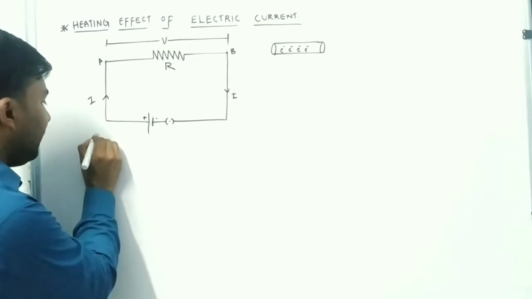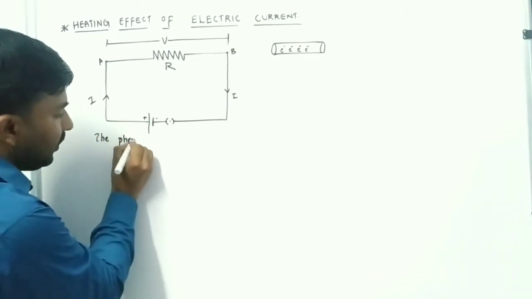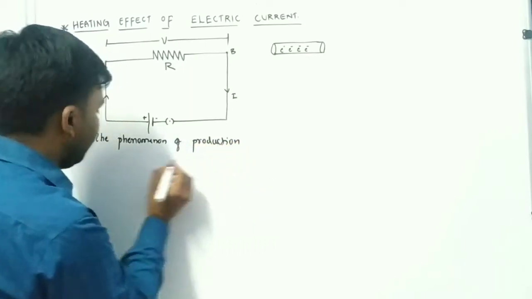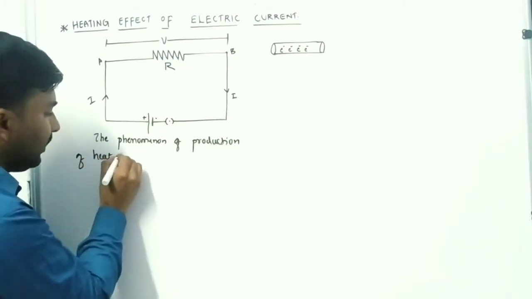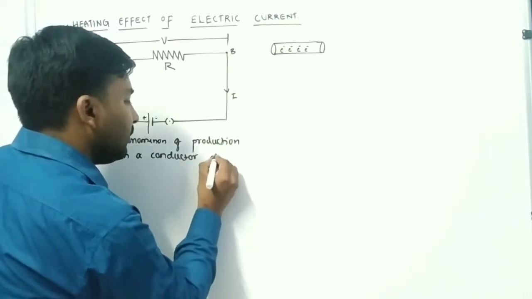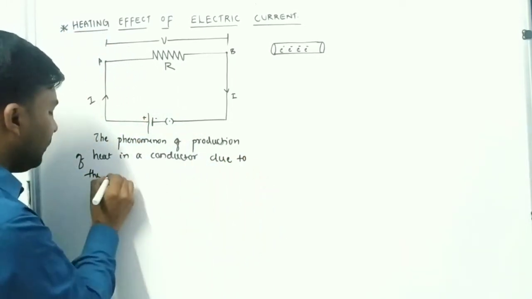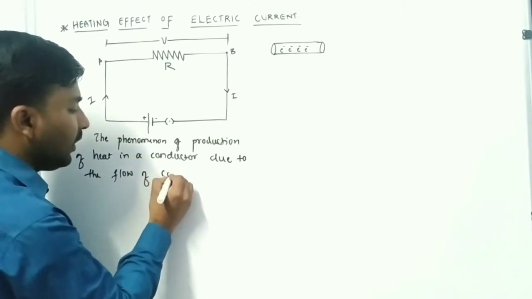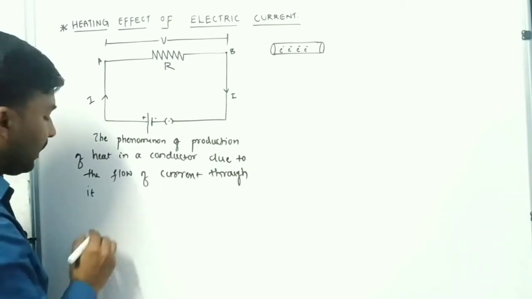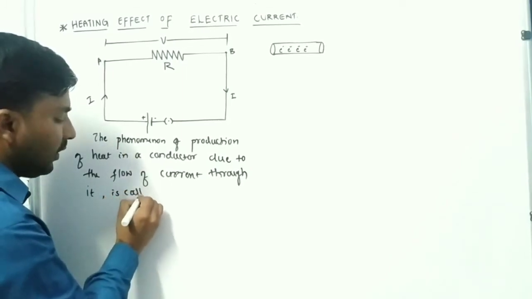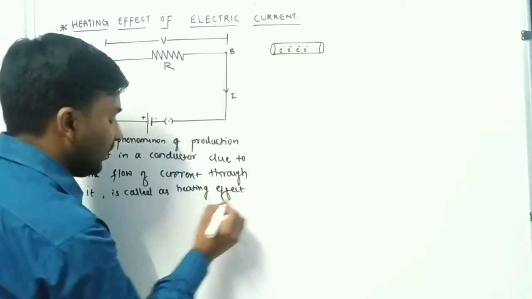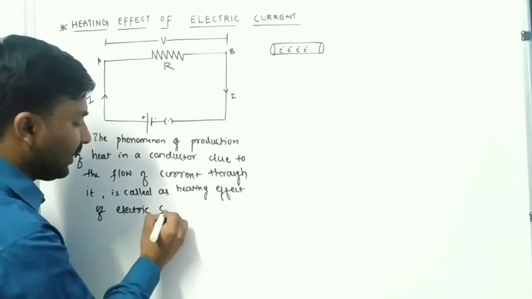So here, the heating effect of electric current: the phenomenon of production of heat in a conductor due to the flow of current through it is called the heating effect of electric current.